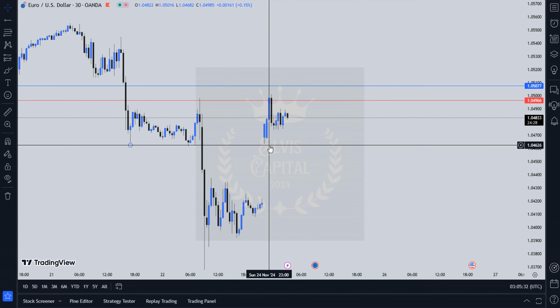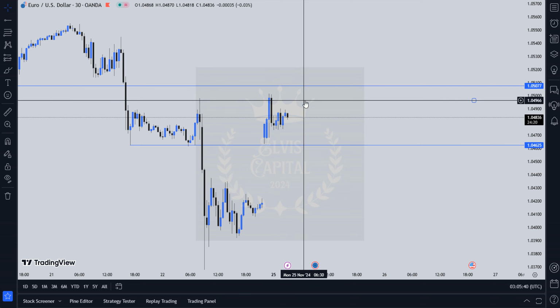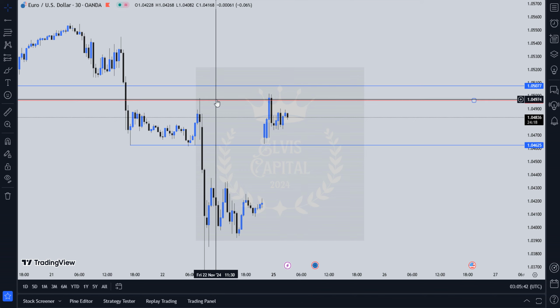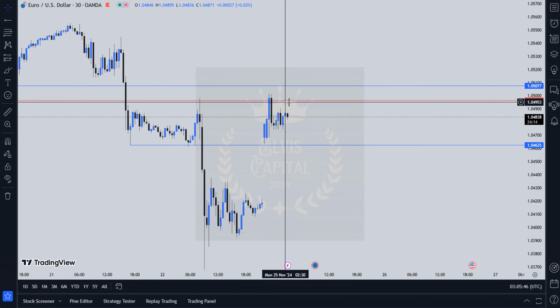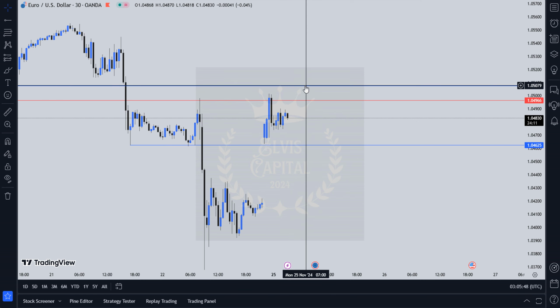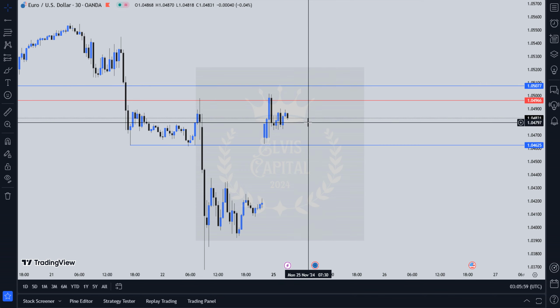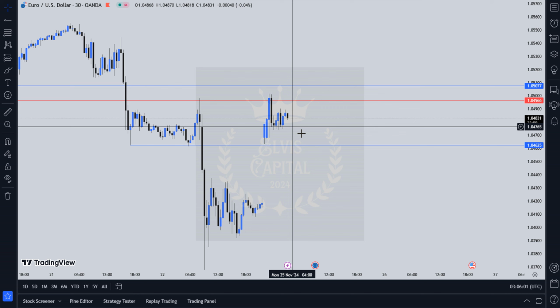So I'm looking at this level of 1.04631, this weekly level that is being fed by price to be broken, and then this other price level, which is 1.05079. All my eyes are at this point over here.